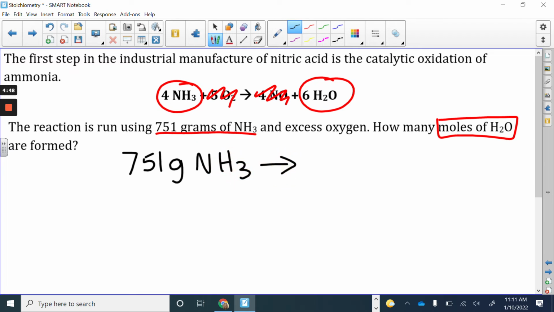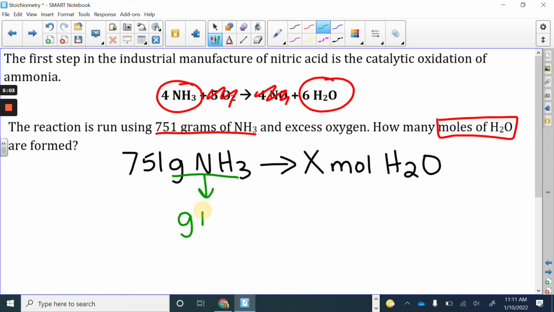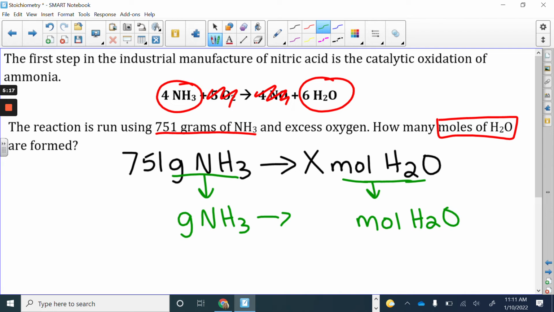Draw an arrow to X. They asked us for moles of H2O. We're going to take our units and bring them down. So grams of NH3 and moles of H2O. All right.